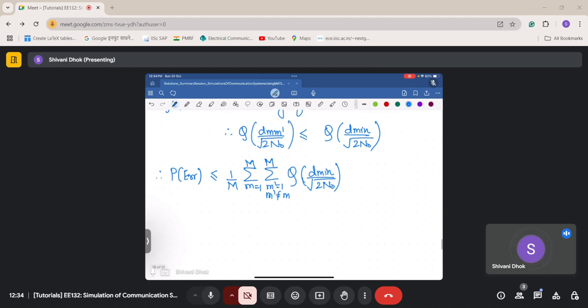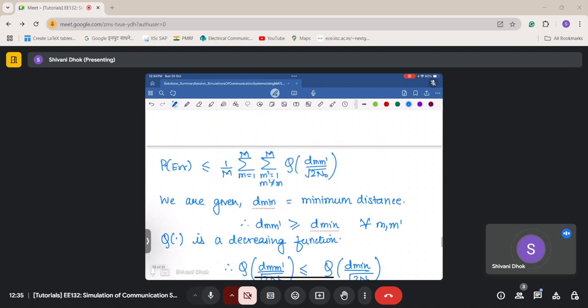Okay, so this becomes 1 by M into M times M minus 1 Q of d min upon under root 2 N naught, which is equal to M minus 1 Q of d min upon under root 2 N naught.